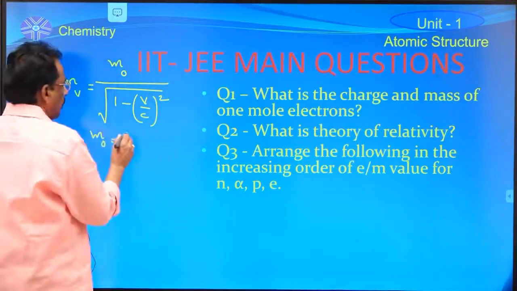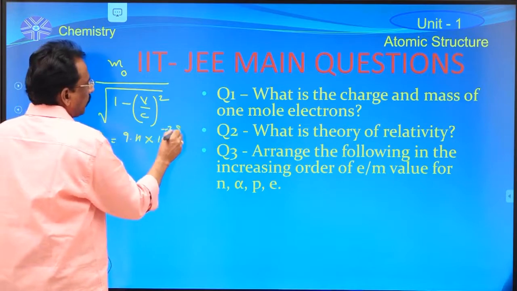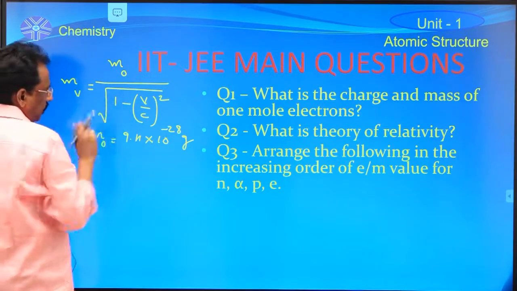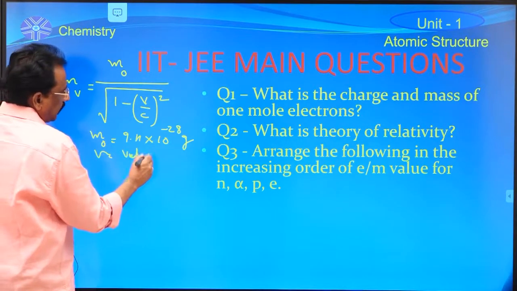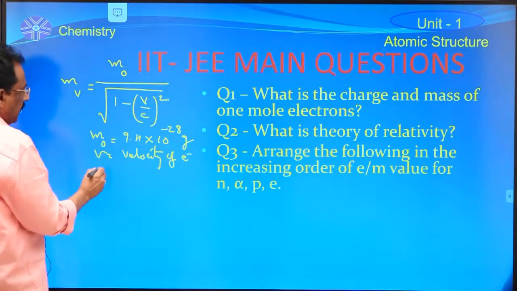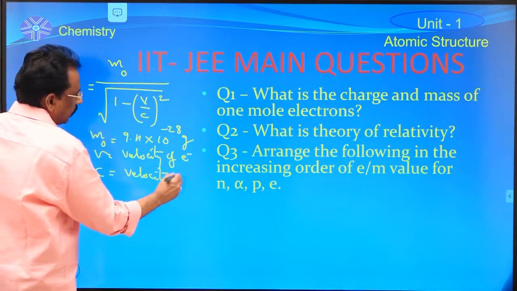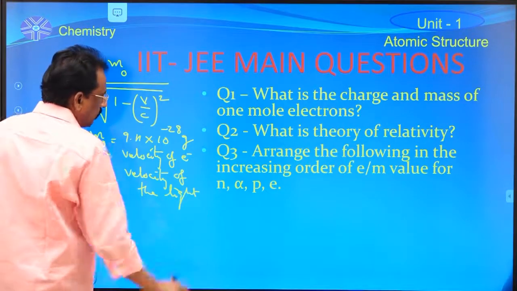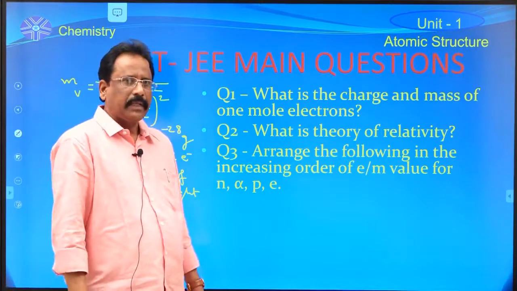It is constant value, which is equal to 9.11 into 10 power minus 28 grams, and v is equal to velocity of the electron, and c is equal to velocity of the light, which is equal to 3 into 10 power 10 centimeter per second.